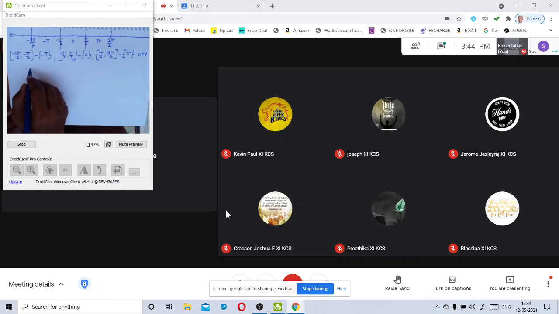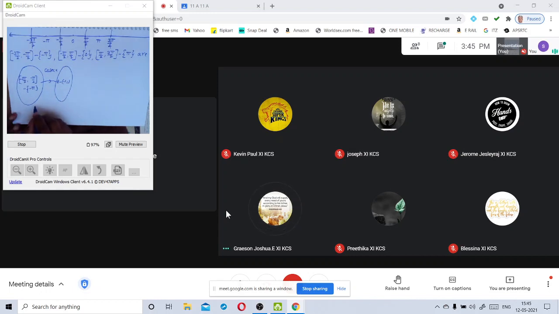Okay, my dear children. See here, suppose you take this domain, then the range of this cosecant x is R minus the open interval minus 1 comma 1.